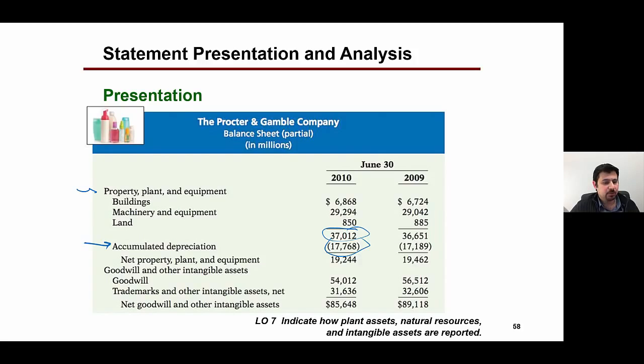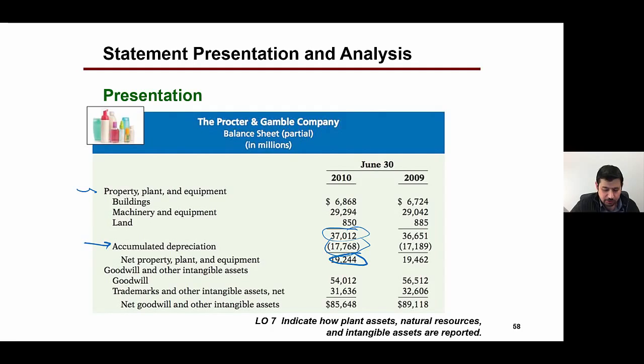So in certain cases, the company would have buildings, less accumulated depreciation for buildings, machinery and equipment, less accumulated depreciation for machinery and equipment. And in certain cases, they just have it like this one, like Procter and Gamble here, where they have it in total. And then the net property, plant, and equipment will be here. This is the value of PPE assets of Procter & Gamble's for 2010.